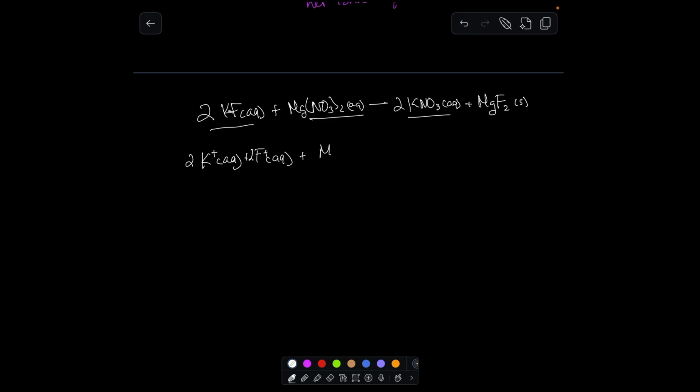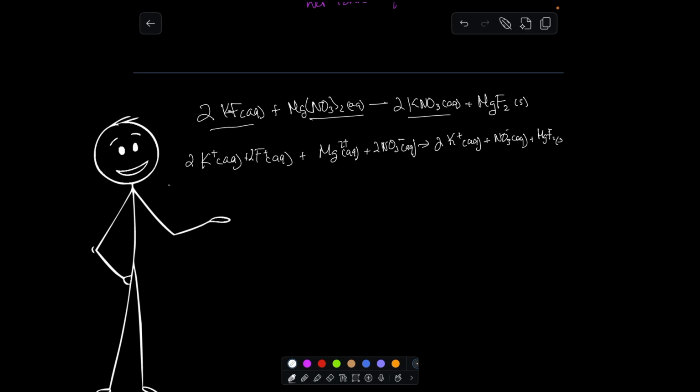Then we're going to have magnesium 2 plus aqueous, and we're going to have 2 NO3 minus aqueous. This is going to stay together, and then this is going to break apart. So now we have 2 potassium aqueous plus NO3 minus aqueous. And then we have a MgF2, which is going to remain solid.